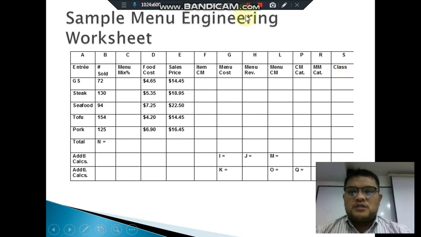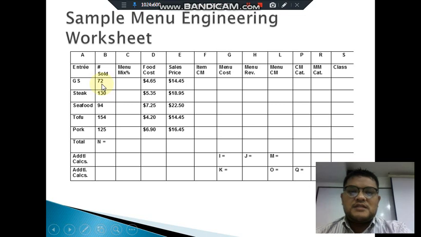So very surely you will find column A in the exam, because column A is the name of the item. You definitely don't know how to fill the name of the item; it must come from the restaurant. So column A will be given to you. Column B is number sold. Number sold means how many items are sold during a certain period, because menu engineering is usually conducted for a specific period of time.